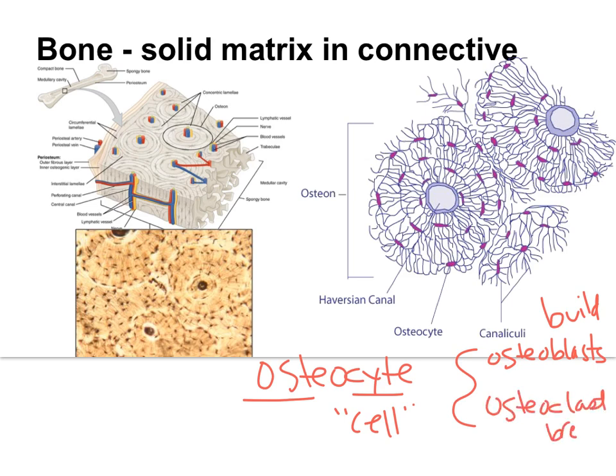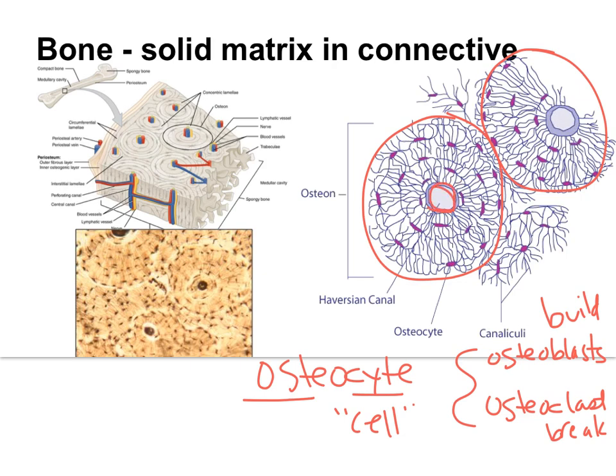And so bone is constantly remodeling itself. And that's a tricky business because the matrix is solid. So we have this pattern of bone development that is called an osteon. An osteon looks kind of like this tree trunk here, and it has a canal in the center called the Haversian canal.